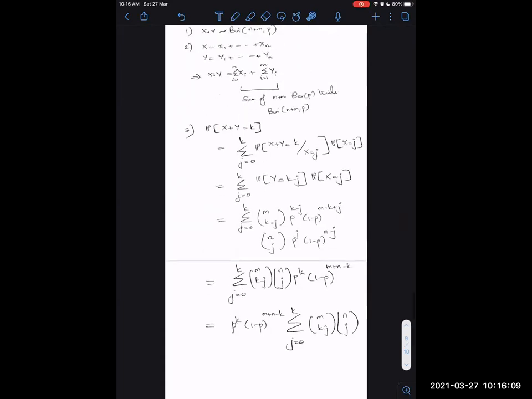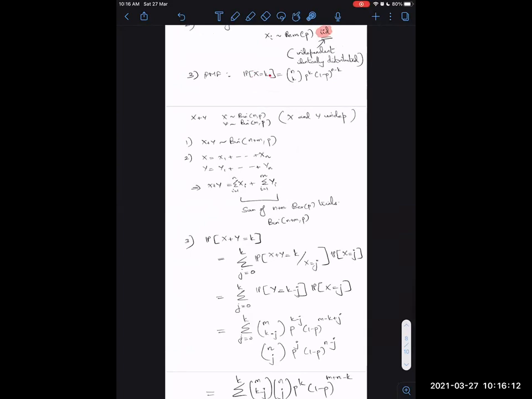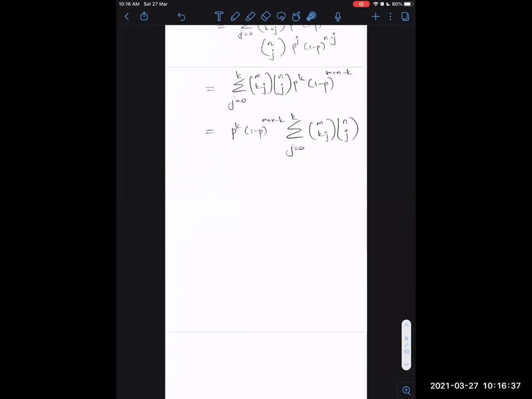So if you plug it in this formula, what would be this term? You will see a variation of this with different parameters, right? Yeah, exactly. N plus n choose k.